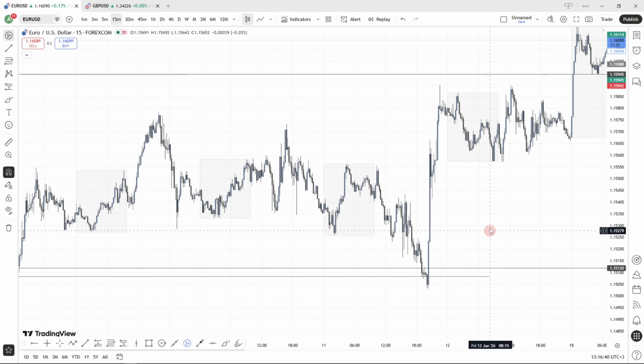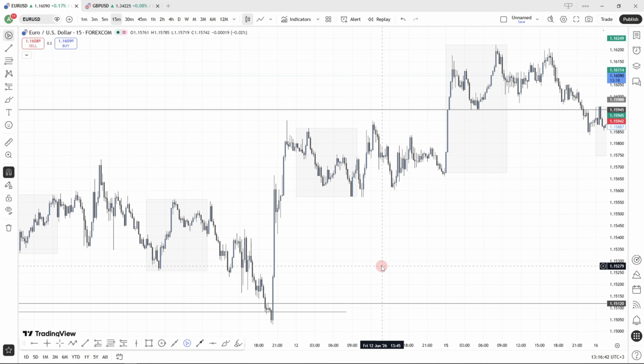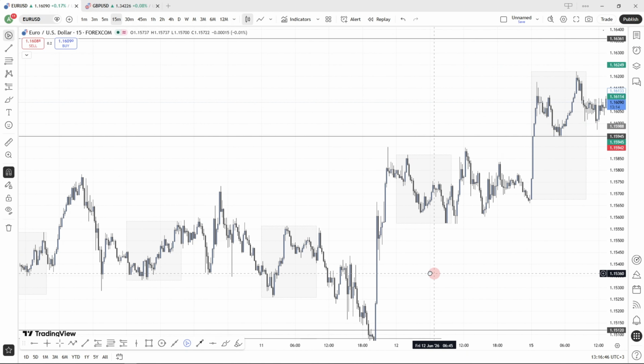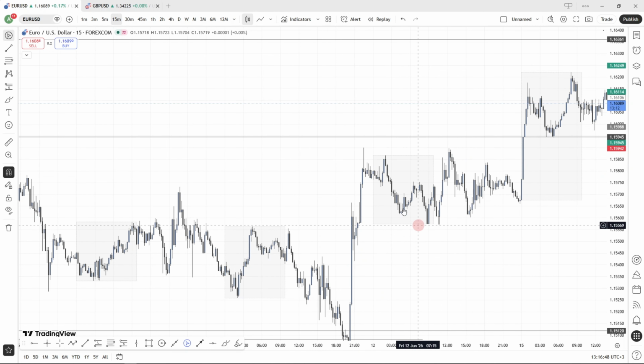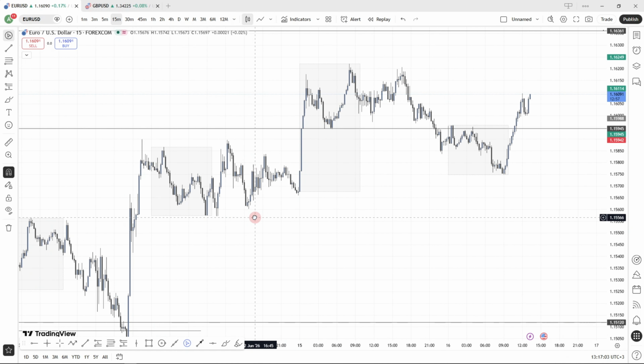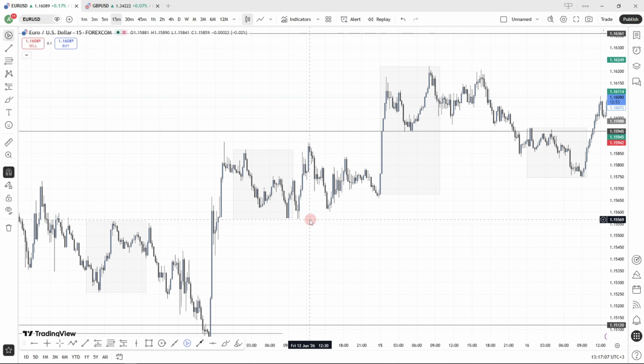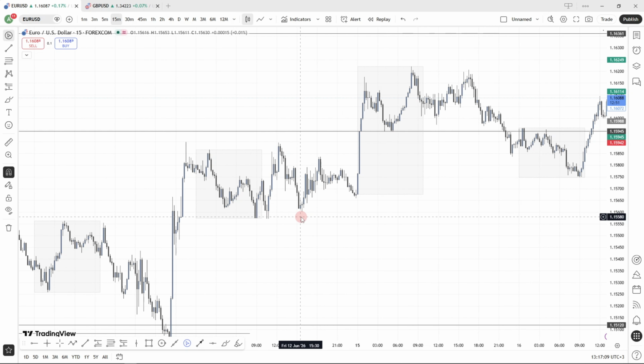Once we tapped into that level, what has price been doing right here? You can see we had this massive move. What did Asia do? Asian sort of accumulated, and then London opened at this point. It should manipulate lower than Asian, but in this case it didn't really.